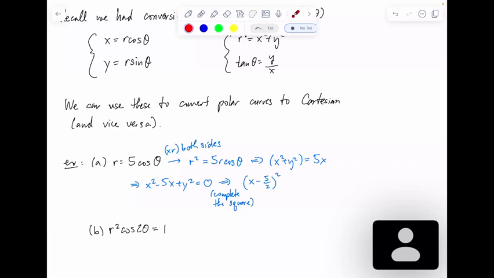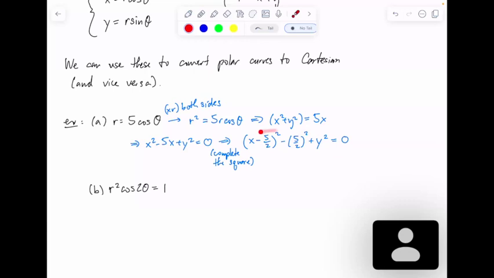So that together should get you minus 5x. And then there's an extra bit, which is plus 5/2 all squared. You don't want that because there is no plus 5/2 all squared here, so you subtract that off again. So this is minus 5/2 all squared. And then your y squared stays the same, and that's 0. What I've done here is I've substituted this portion with this, and y squared stays the same, and that's what you get.